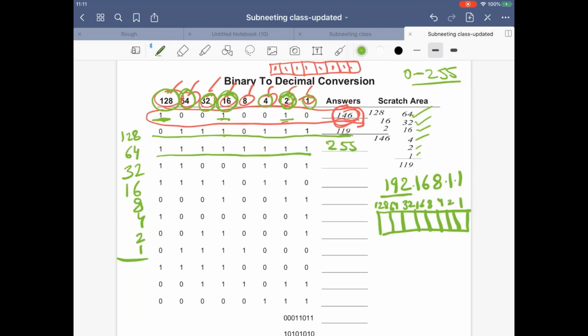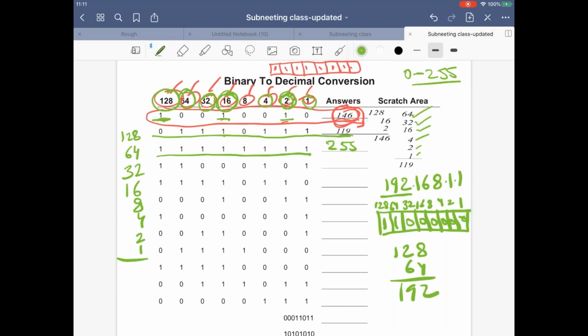So if you convert the decimal number 192 into binary, what will be the answer? 1, 1, 0, 0, 0, 0, 0, 0. If you count 128 plus 64, you will get 192.